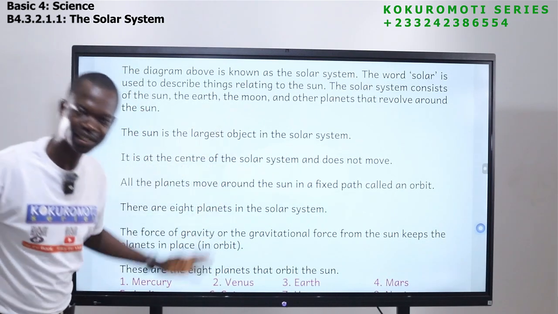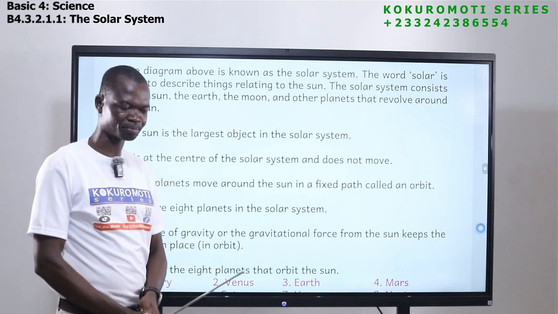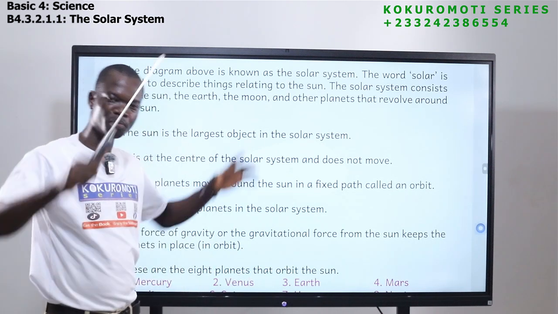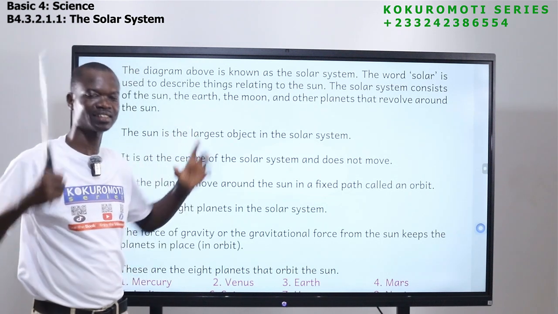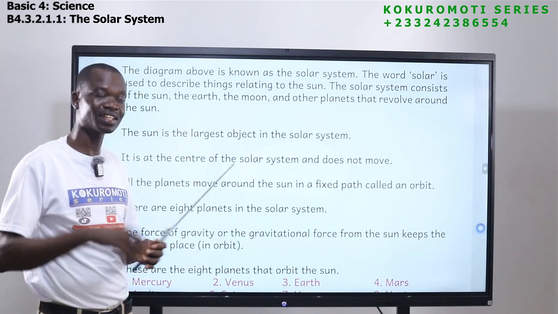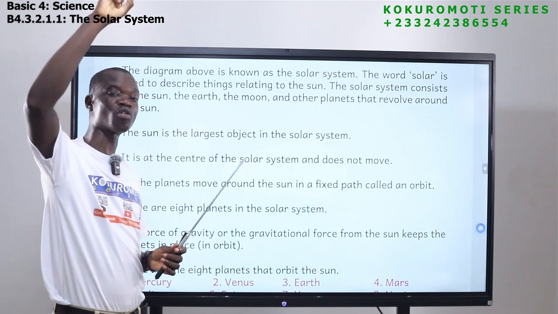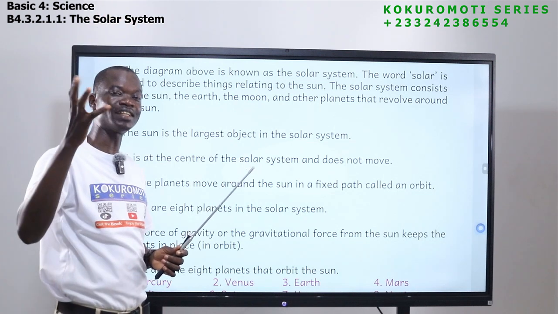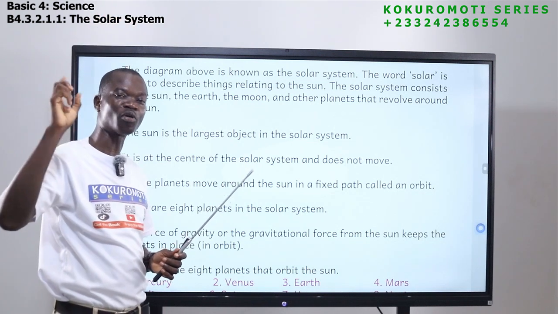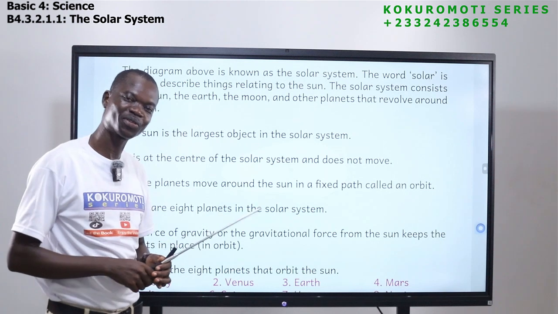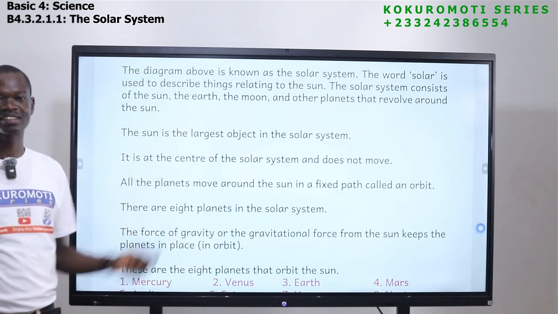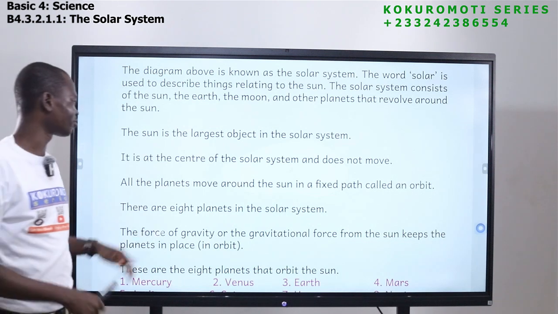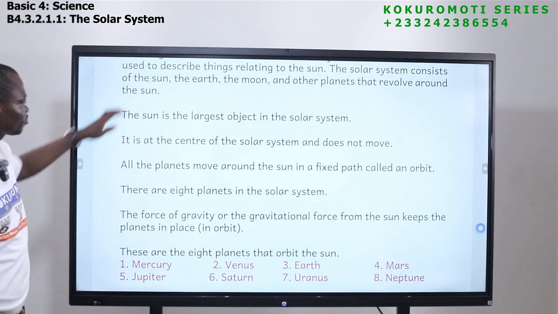All the components of the solar system, the sun is the largest in size. So the sun that we see as small, like a tennis ball or a football, is not like that. It's even bigger than the earth. Far bigger than the earth.